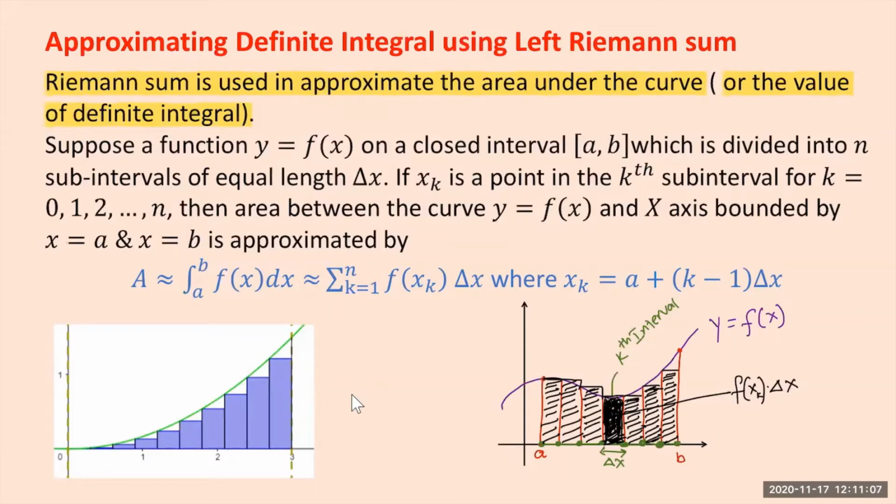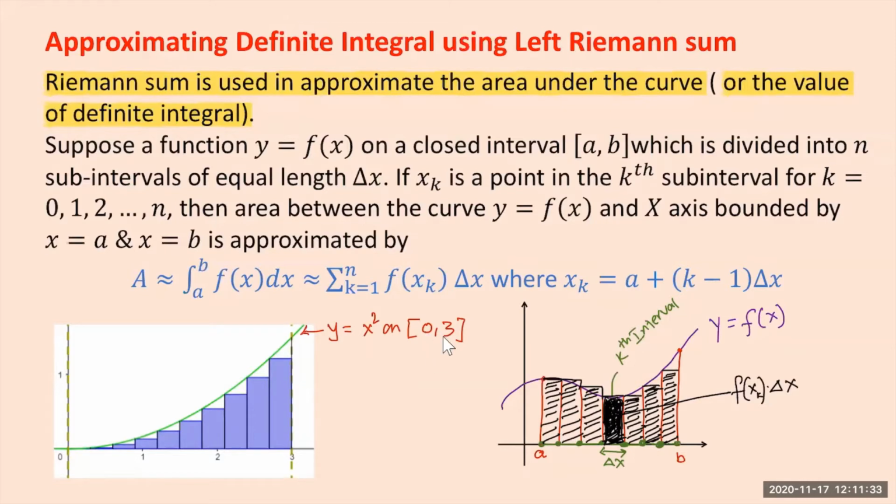For example, in this figure here, I have a quick illustration for the function y equal to x squared. This graph is the graph of the function y equal to x squared, and it is defined on the interval 0 through 3. You can see it goes from 0 up to 3.